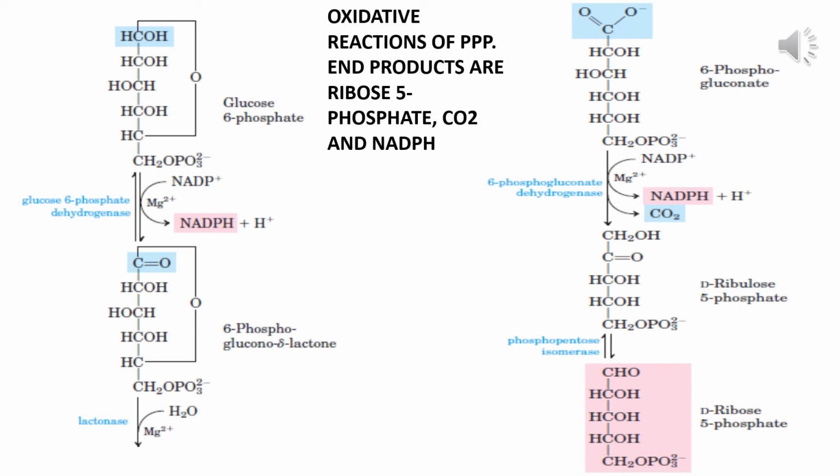In this step, carbon dioxide also is produced. That's why a 6-carbon compound is converted into a 5-carbon compound. So these are the two steps where NADPH plus H plus is produced. And also remember, ribose 5-phosphate is a 5-carbon compound which may be utilized for the production of nucleotides and then for DNA, RNA, etc.